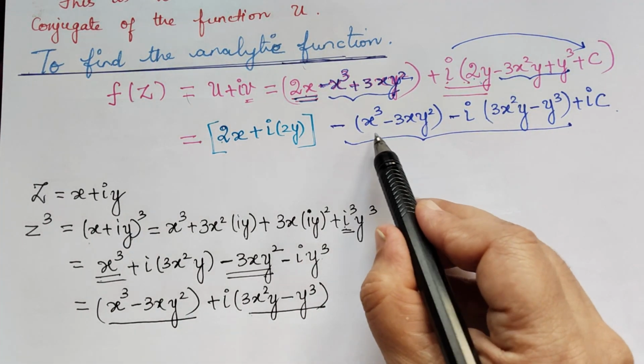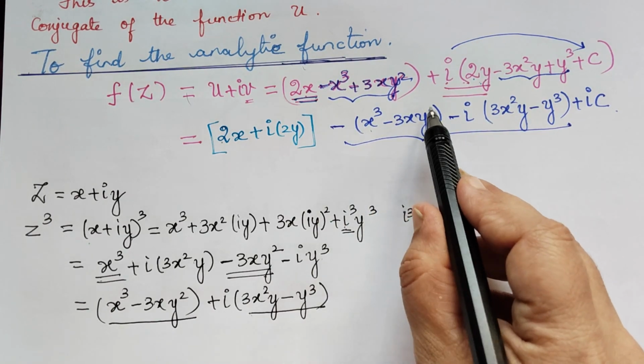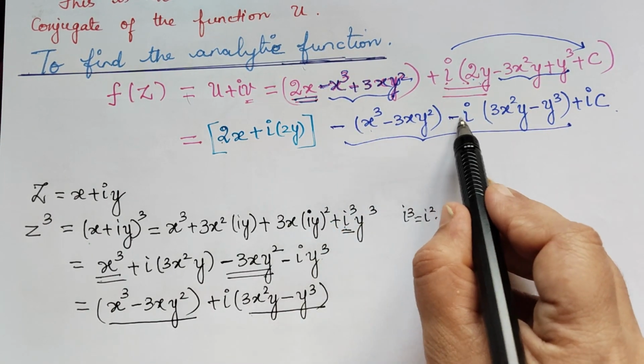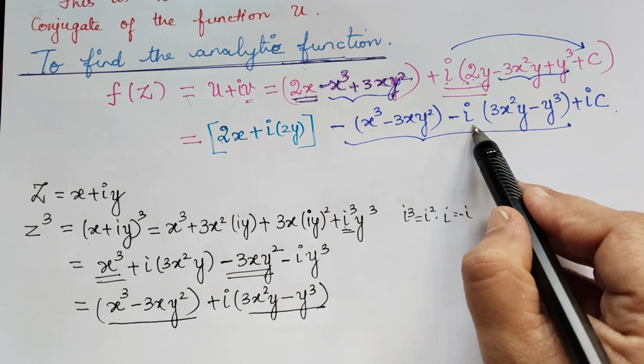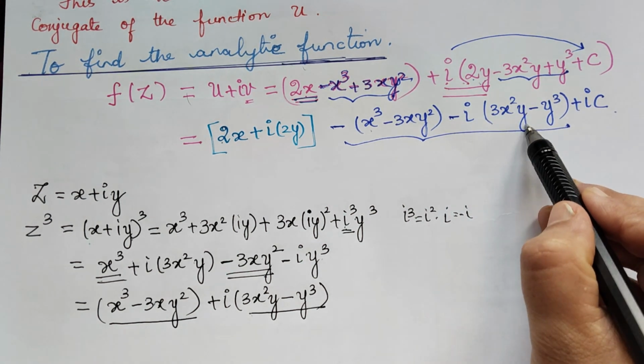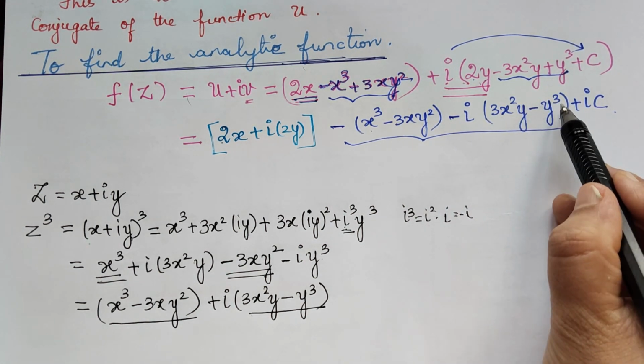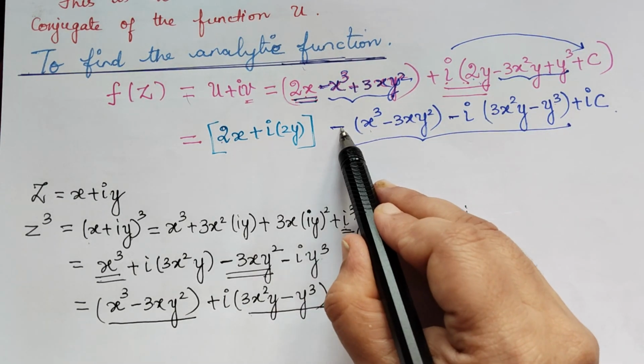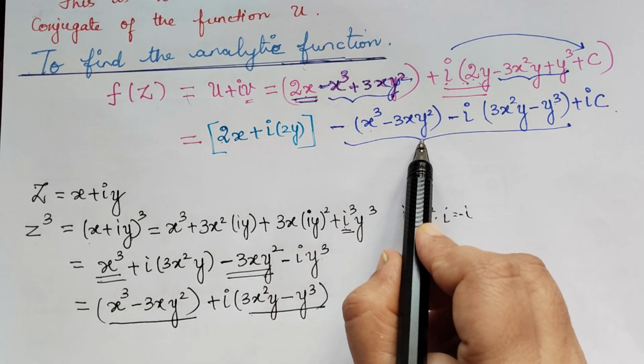Now if you see here, we have x cube minus 3xy square, and when we take this negative in common, we will be having plus i multiplied with 3x square y minus y cube. So it can be written as minus z cube. So that is what we obtain here.